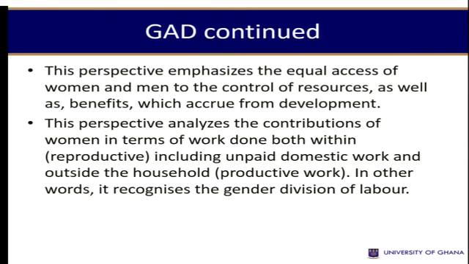So it looks at unpaid domestic work as well as productive work. And it is the work of the GAD approach that has made it possible for us to conceptualize work within the domestic sphere as what we call care work that requires pay, just as work outside the domestic sphere gets paid. In other words, the GAD perspective recognizes the gender division of labor and the unequalness in that division of labor.